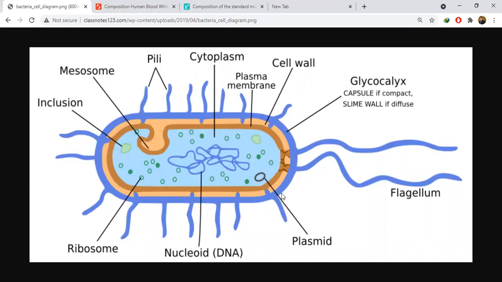It's a single DNA molecule. Can you see a word plasmid there? It is also DNA.